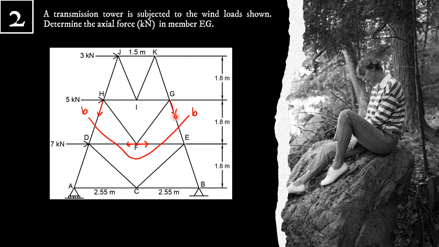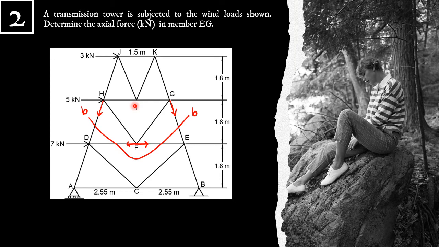We may consider either the section above or below plane BB. Now, you may choose to consider the section below plane BB because you might argue that it is simpler than the section above.